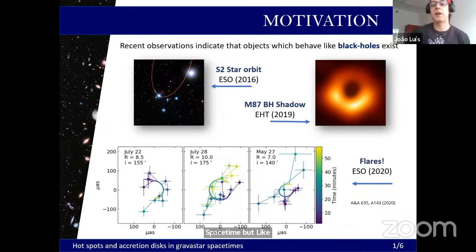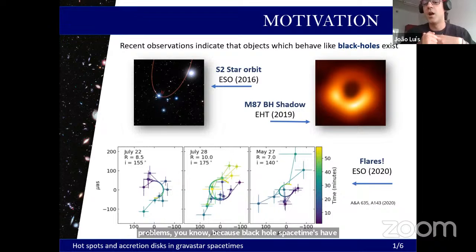but black hole spacetimes have their own problems, because black hole spacetimes have event horizons, have singularities. Regular ones don't have singularities, but they have the problem of not having a natural formation mechanism. They are associated with the information loss paradox. So although the black hole spacetime is good in explaining all of these observations, there are some drawbacks, fundamentally mathematical and physical drawbacks, that it would be really nice to avoid.